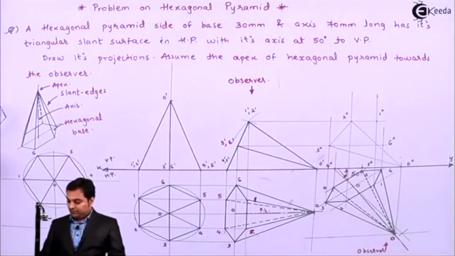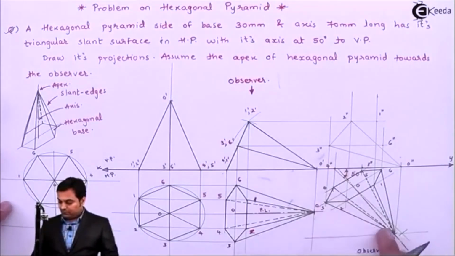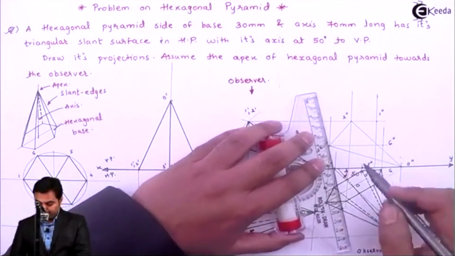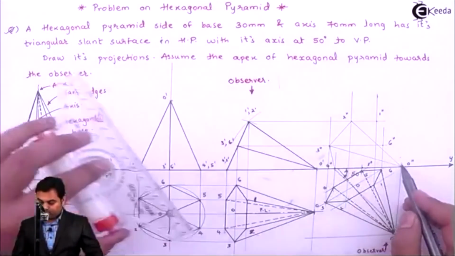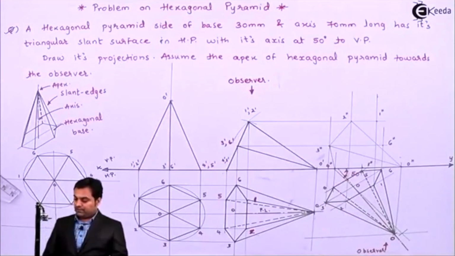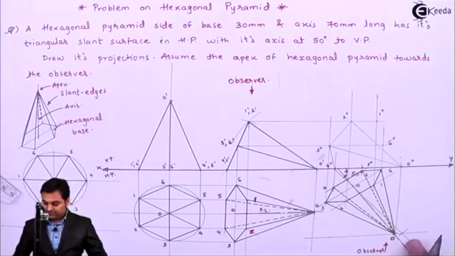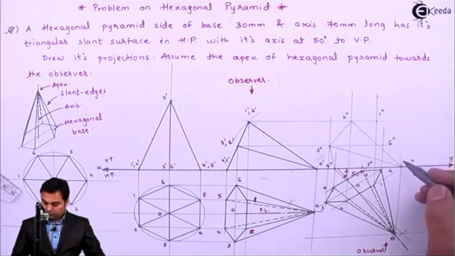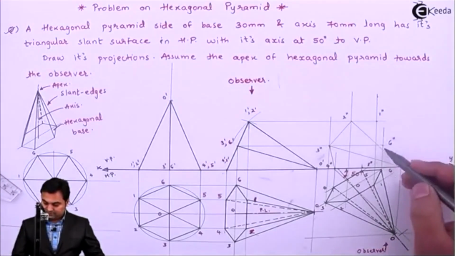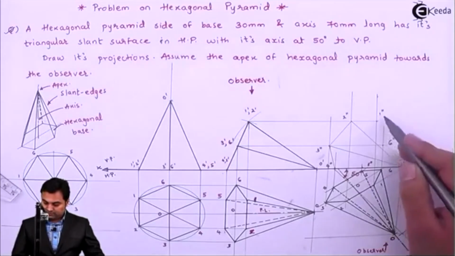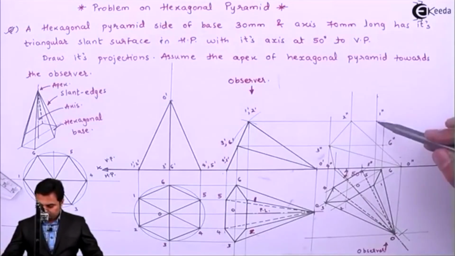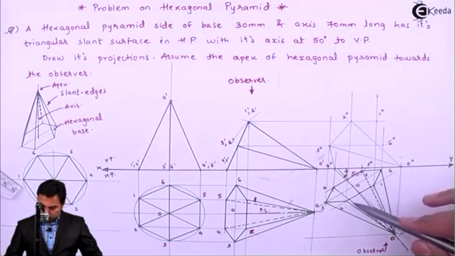Then the triangular face O43 or O34, that is also closer to the observer, so visible. After that, the triangular face O16, we can say this O16, and at the same time here O12.